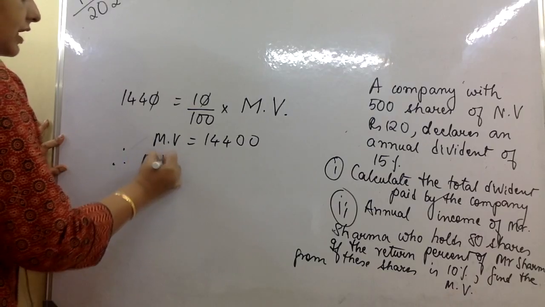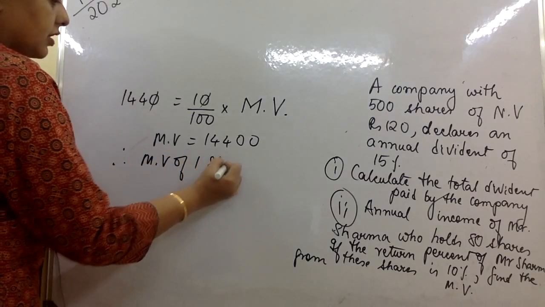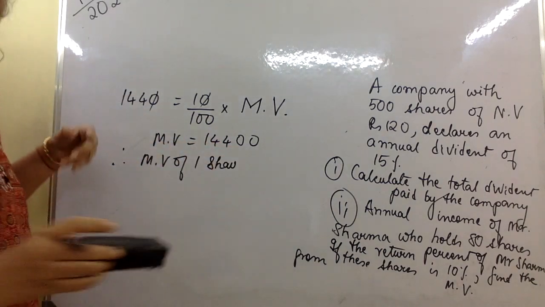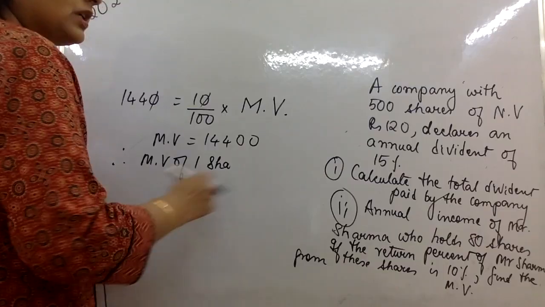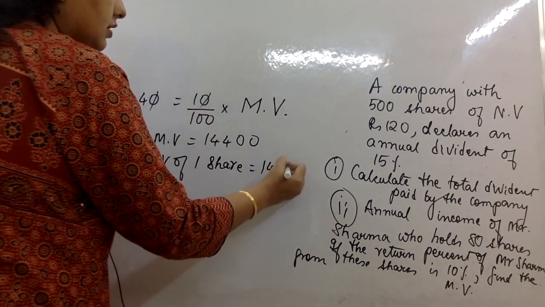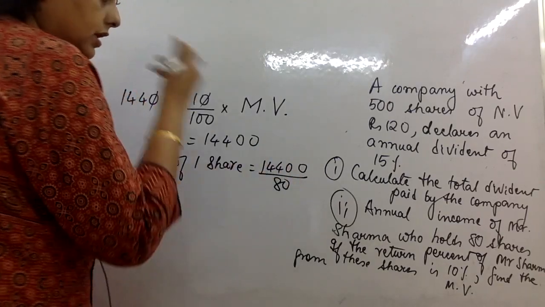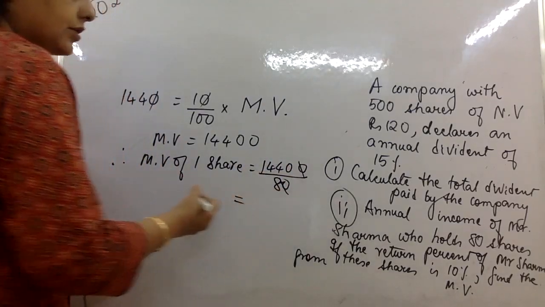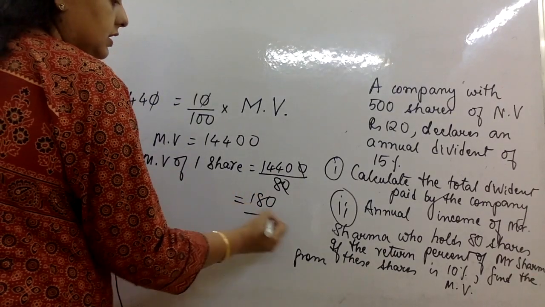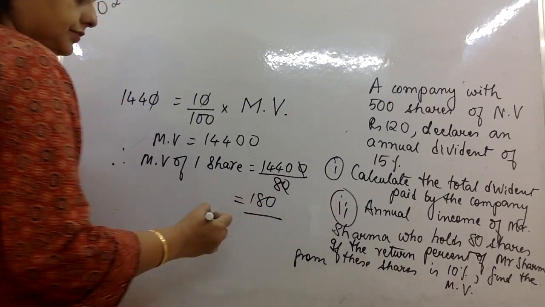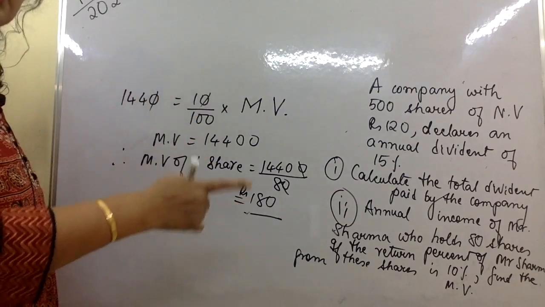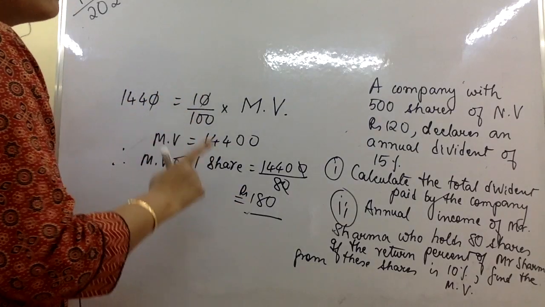Therefore, when they ask you to find the market value and just leave it like that, what they want to tell is the market value of one share. So you have to divide by 80 because he had bought 80 shares. That gives me 180. So 180 rupees is the market value of one share.